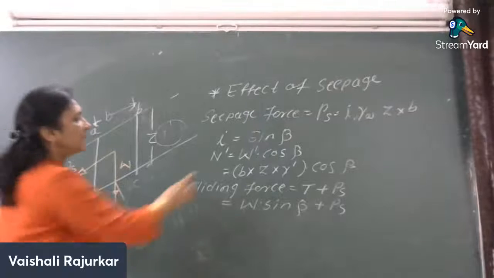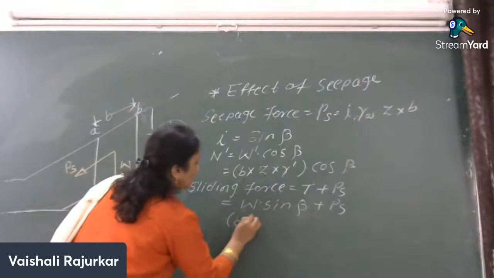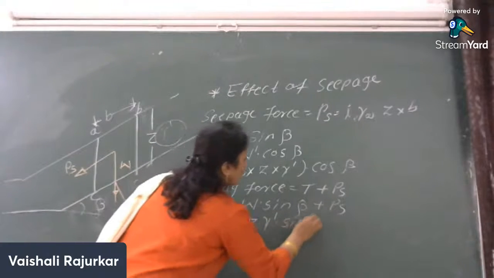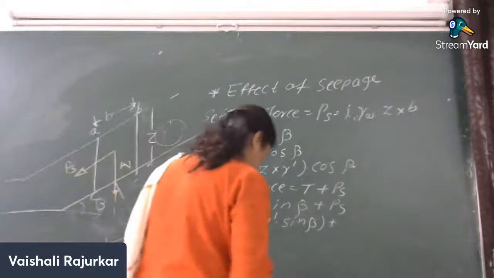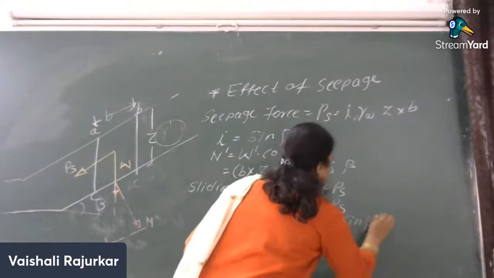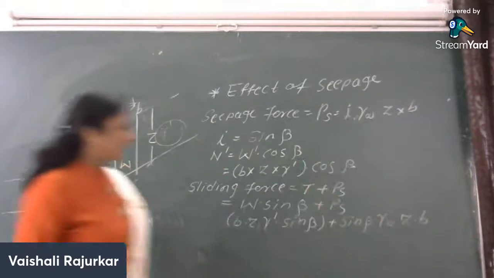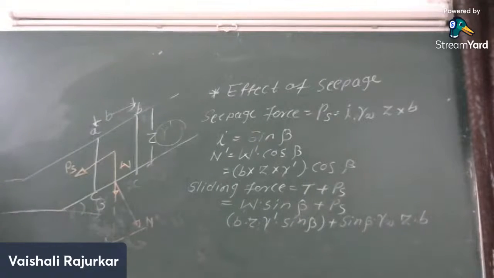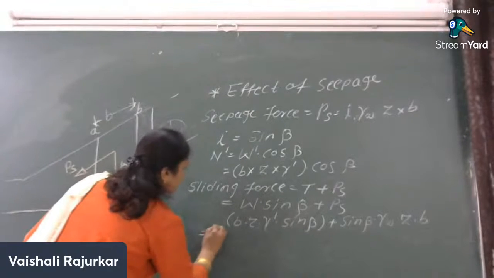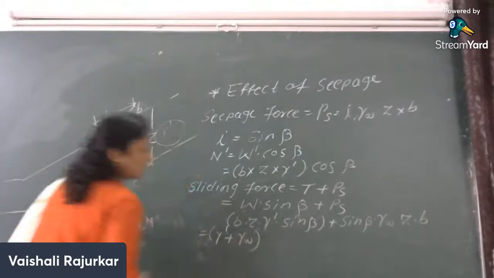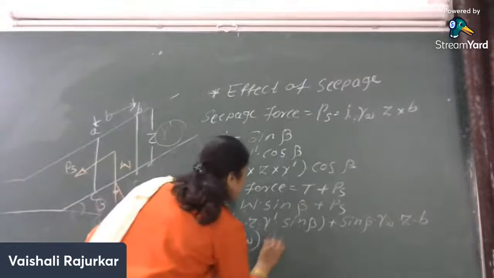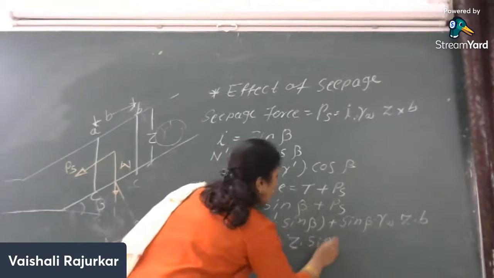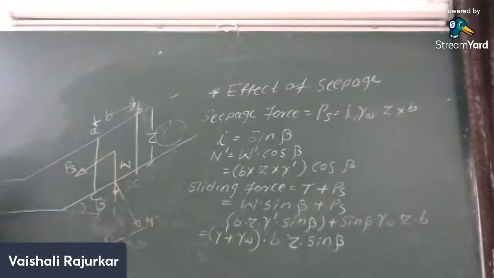W is again B into Z into gamma dash, so B into Z into gamma dash into sin of beta, plus Ps, which will be sin beta into gamma W into B into Z. Here we take the common terms: gamma dash plus gamma W, and then B into Z into sin of beta.